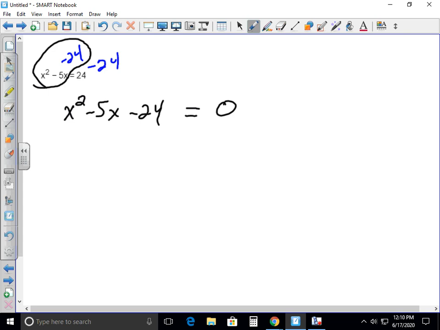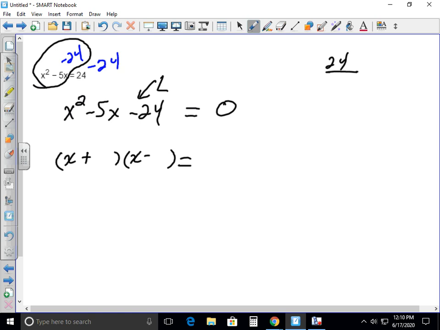So now we have a 0 on one side. So we need to get the other side to be a product. So x squared is x times x. Since this last sign is negative, then our last numbers have to multiply to make a minus, so that's a positive times a negative. And then what numbers multiply to make 24?